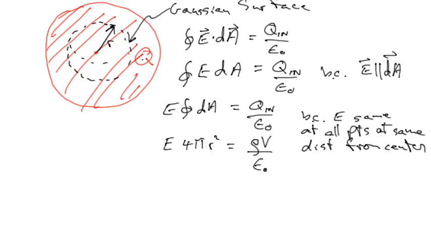Because the charge is uniformly distributed, the charge density is a constant, so I can take the charge density to be Q divided by V sub big R, times V sub little r, over epsilon 0.